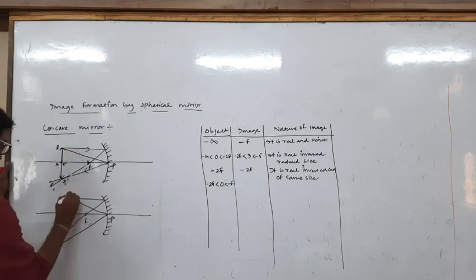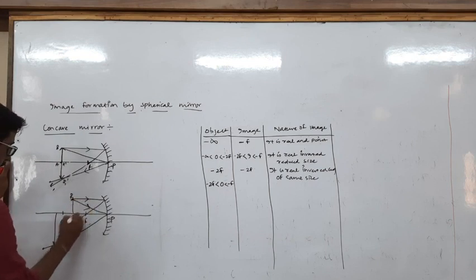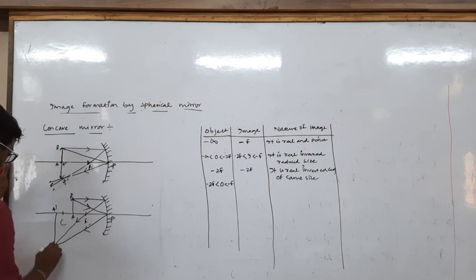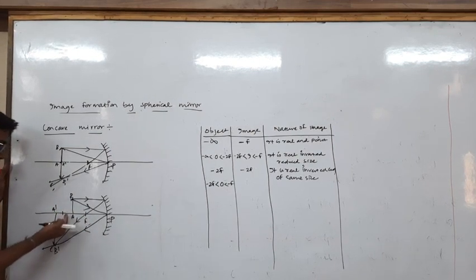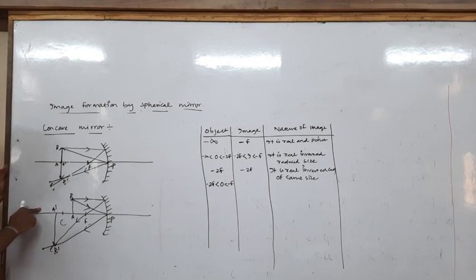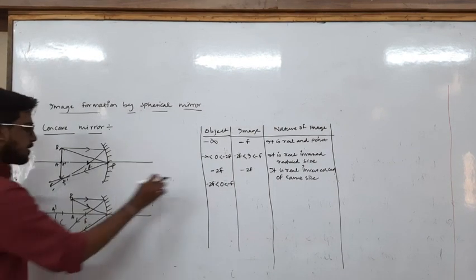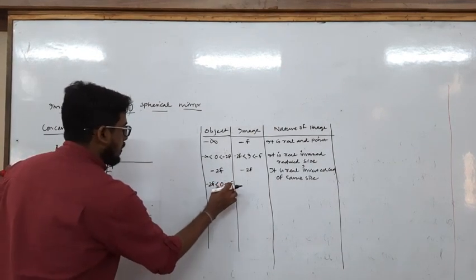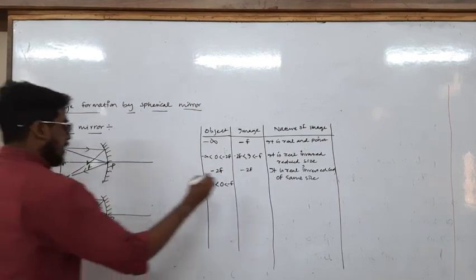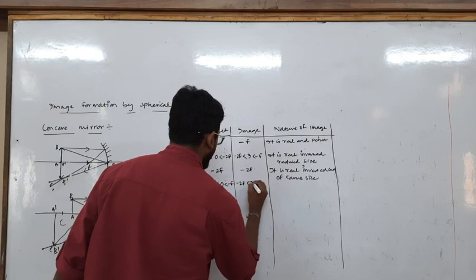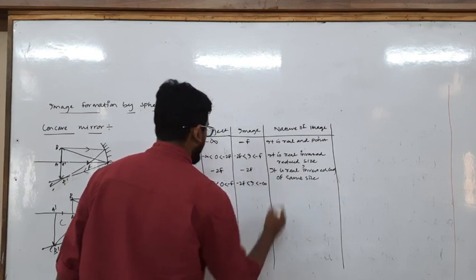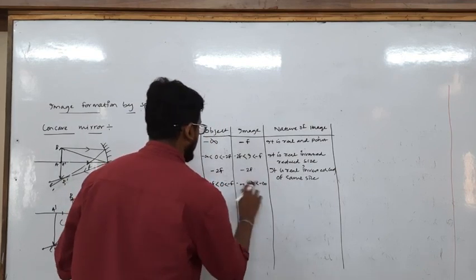This is A and B, and this will be A dash and B dash. As the object lies in the B region, the image will lie in the A region. So if the object is between 2F and F, the image will lie between minus 2F and infinity. Clear?